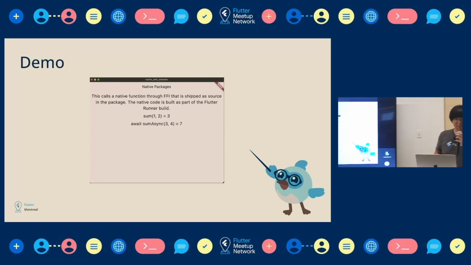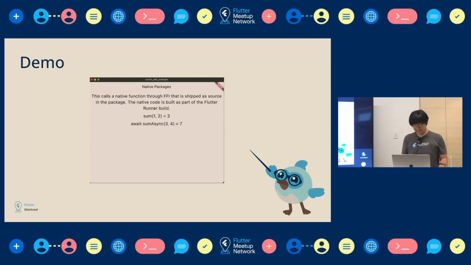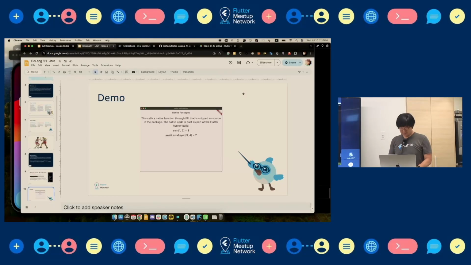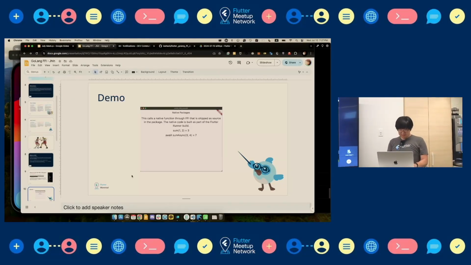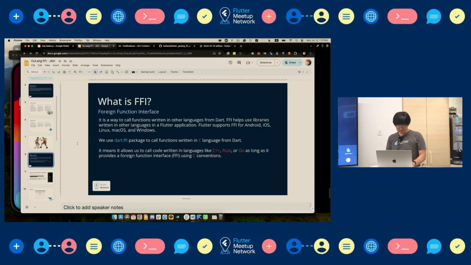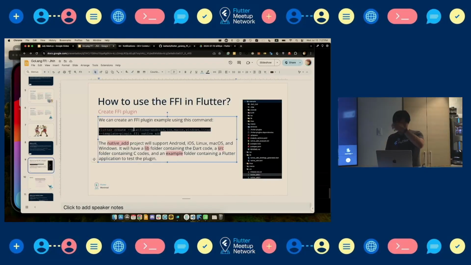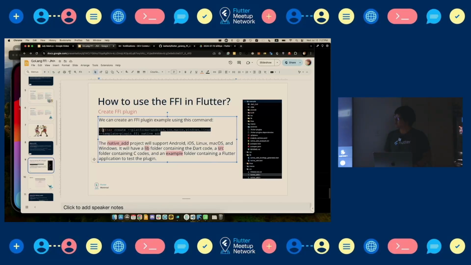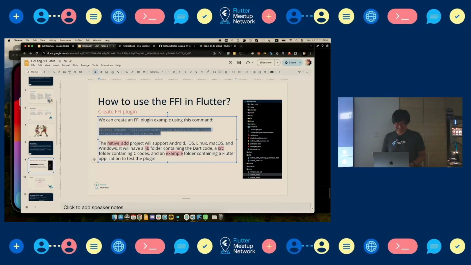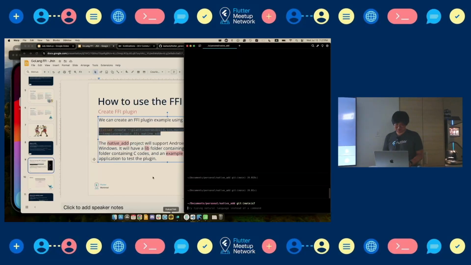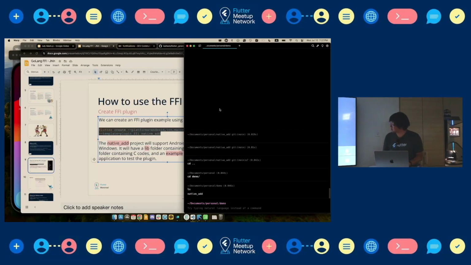So I'm going to show you a demo. As I said, this command, I'm just going to use it. I'm not actually going to run it, though. I have a demo folder.